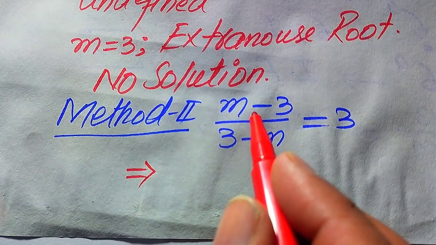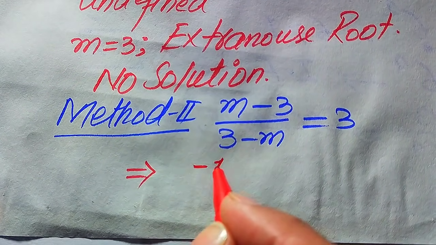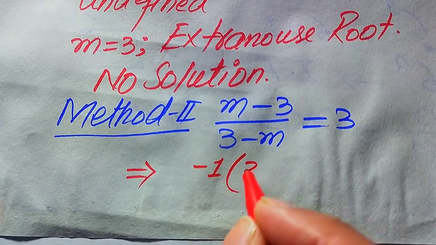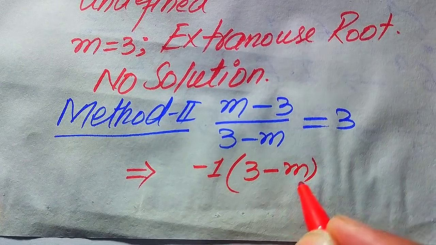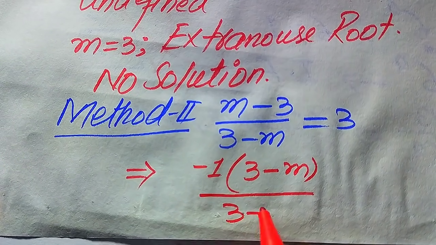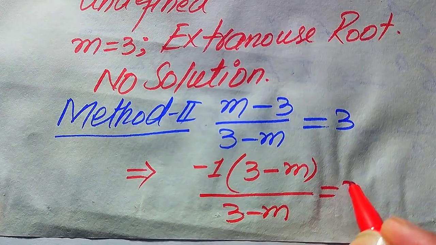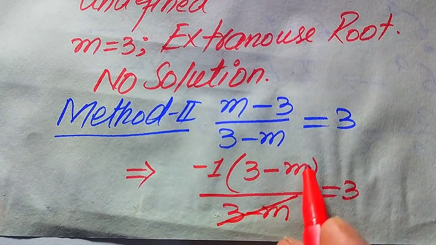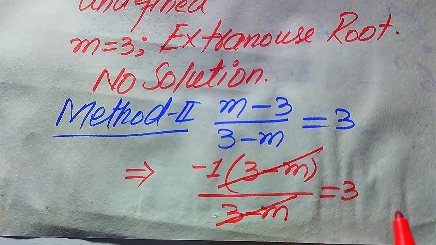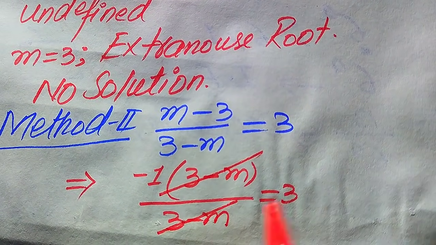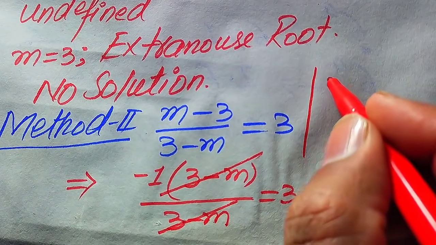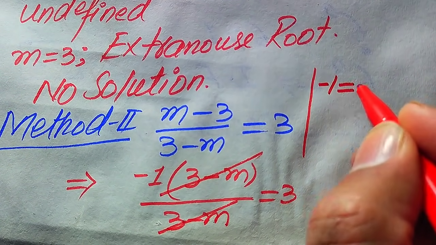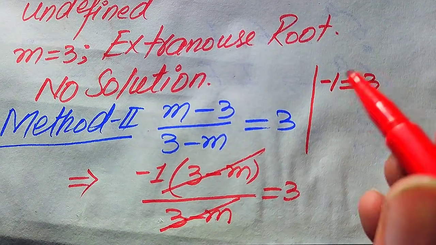We just need to take a common minus sign from the numerator, and when we take the common negative sign it will be written as minus (3 minus m) divided by (3 minus m) equals 3. You clearly see that this 3 minus m is cancelled out by this 3 minus m, and in the left hand side we get minus 1 equals 3.